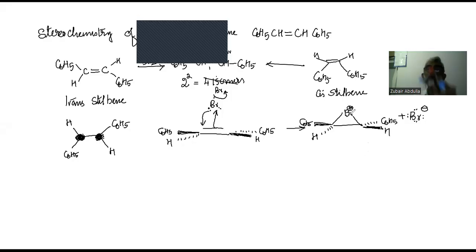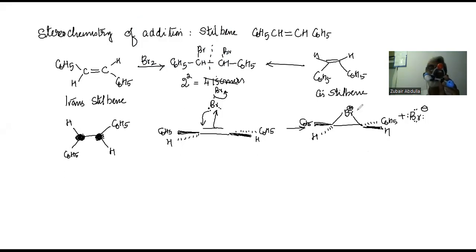And remember, this is the molecule like this. You can see this is in a perpendicular plane to the plane of the sigma bonds. So once we have found this, this is called a cyclobromonium ion. So this is the cyclobromonium ion.